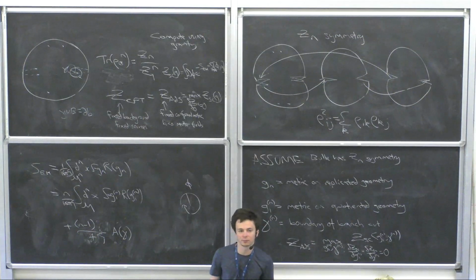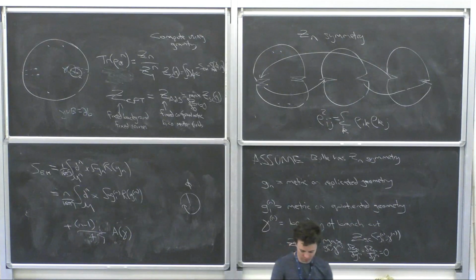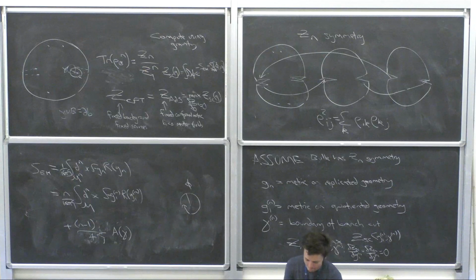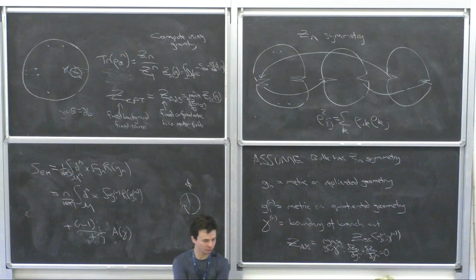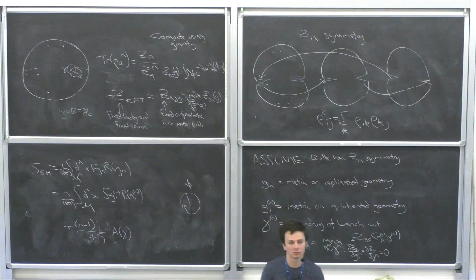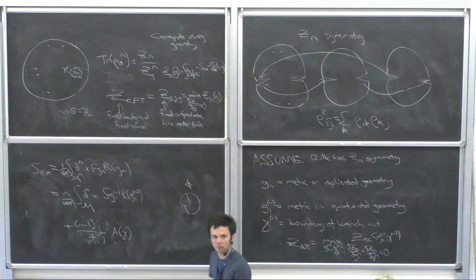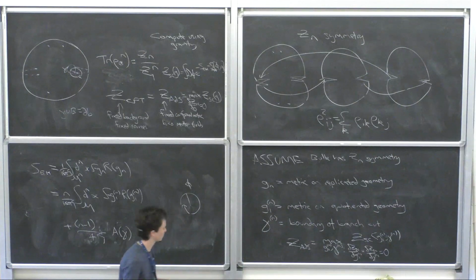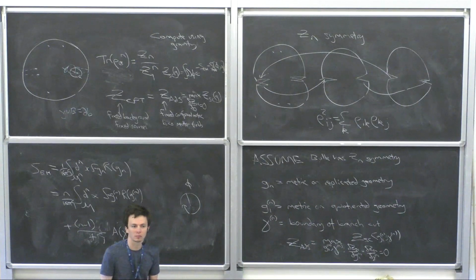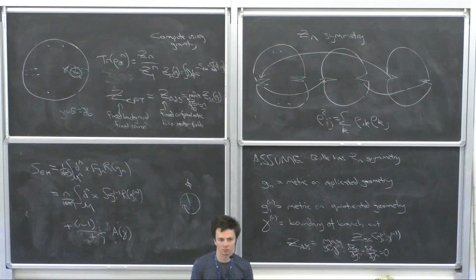Could you explain that point again about what the prescription is for dealing with these branch cuts? Is there a more visual way of seeing this? Because of these branch cuts, I guess you'll have a conical singularity when you stitch these up in the replicated geometry.